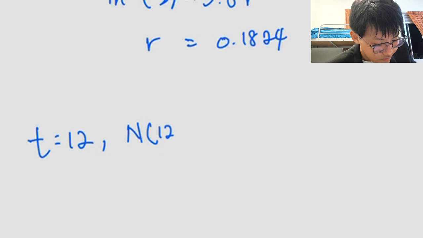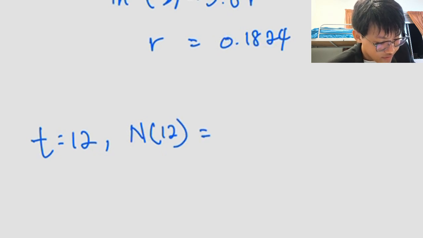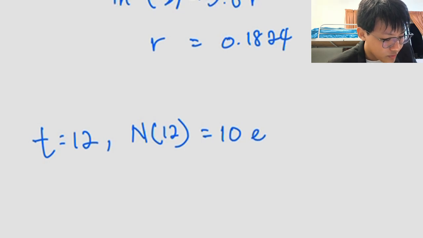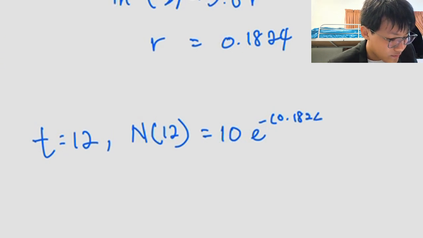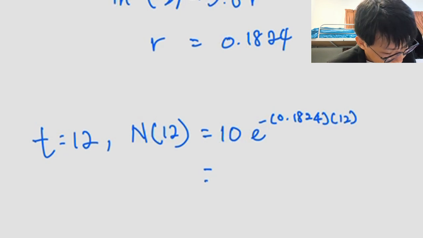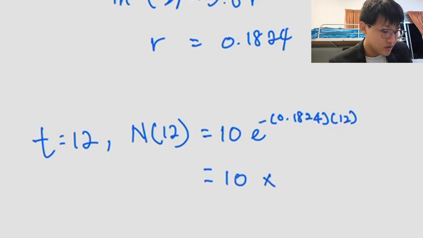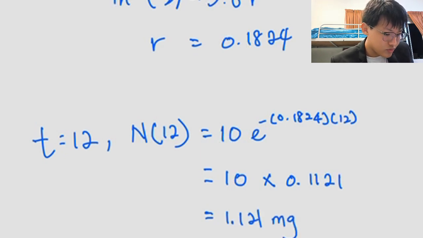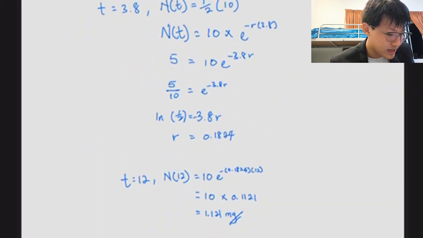Now, we want to know how much quantity is left after 12 hours, which is T equals 12. When T equals 12, N12 equals the initial number, which is 10, times e to the power of negative 0.1824 multiplied by 12. We get the value 10 times 0.1121, which is equal to 1.121 milligrams, which is the answer.